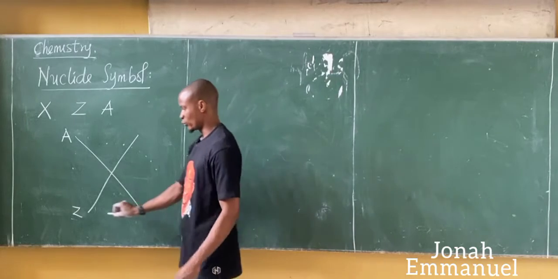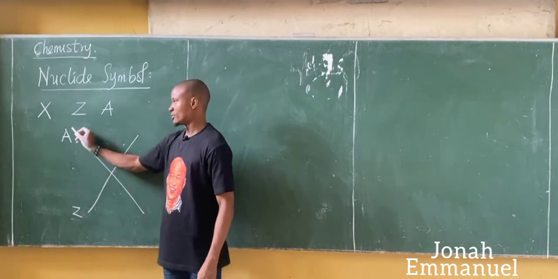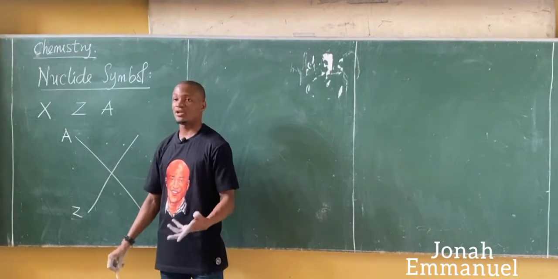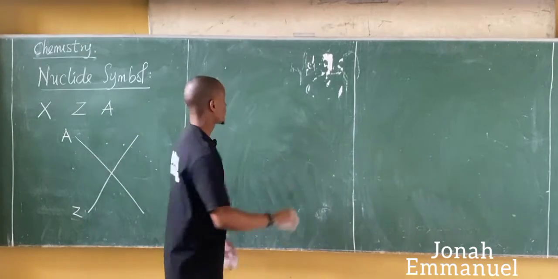To get the number of protons, look at this value here, the atomic number. The mass number is this one here.